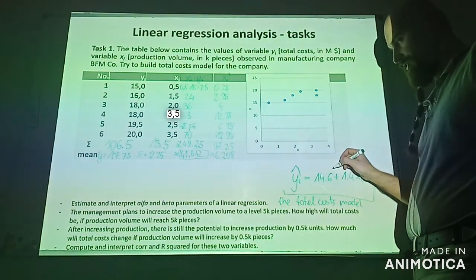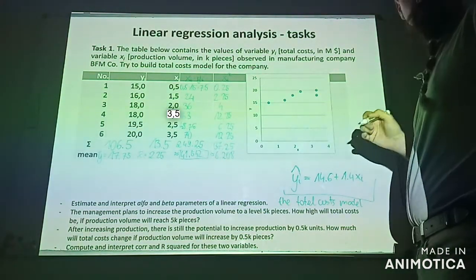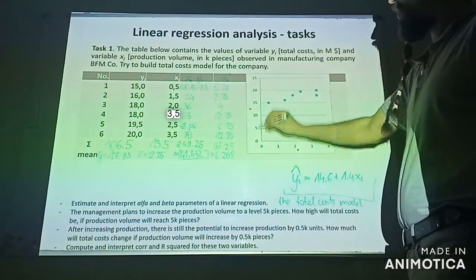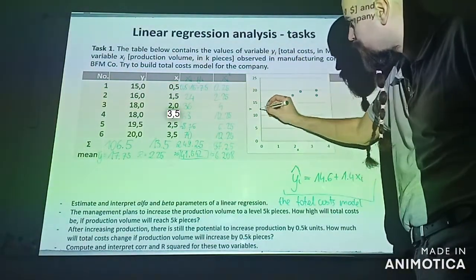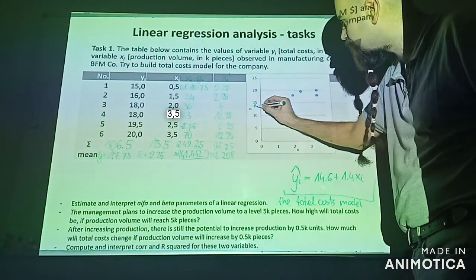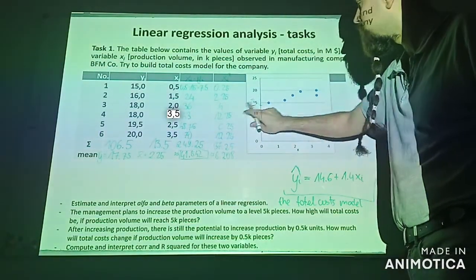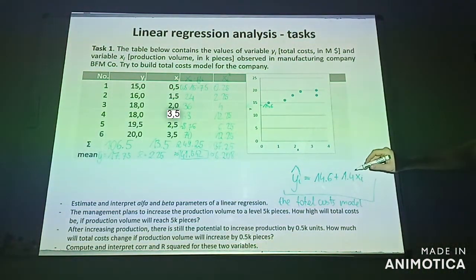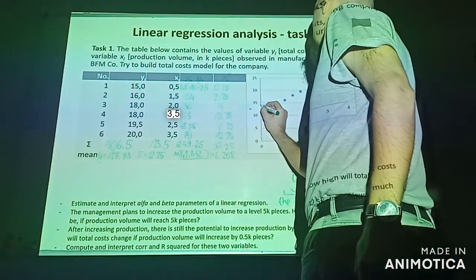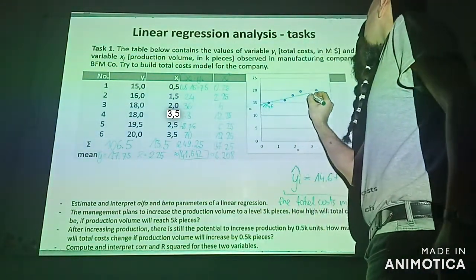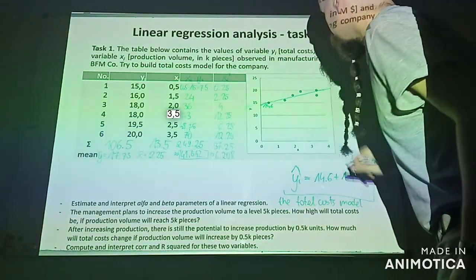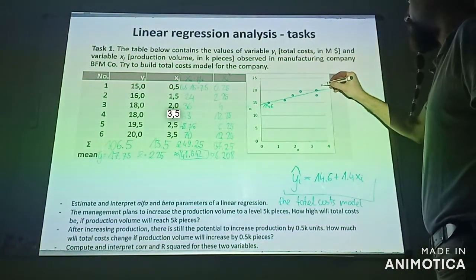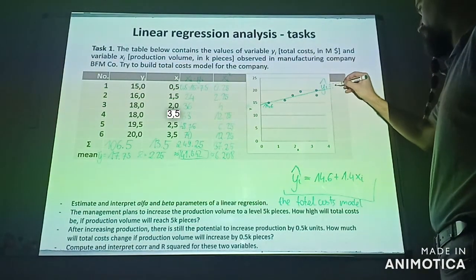This is the cross point of our model and y-axis, vertical axis. So here we have the value of 14.6. And we know that our straight line is increasing, so we can write the model like here. It is our model of the total costs.